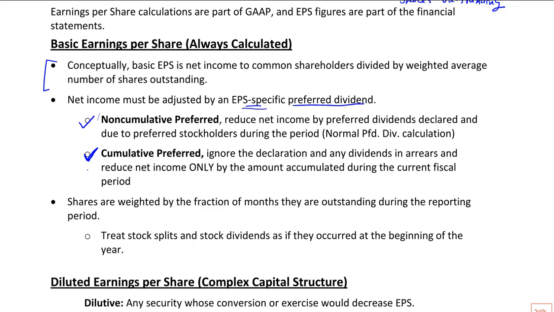The idea with cumulative preferred is if they didn't pay the last 10 years, they still have to pay it before they pay a dividend. But those last 10 years' accumulations, we subtracted from net income in those years. So if you have cumulative preferred, we're essentially going to accrue the cumulative preferred dividend whether or not declared.